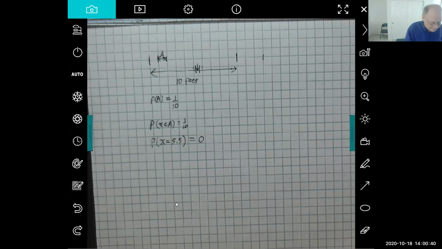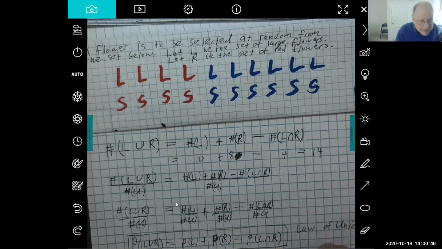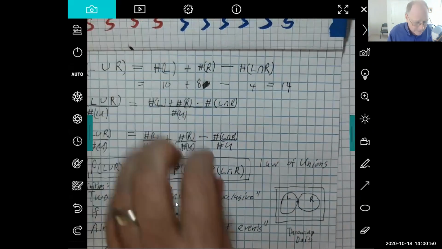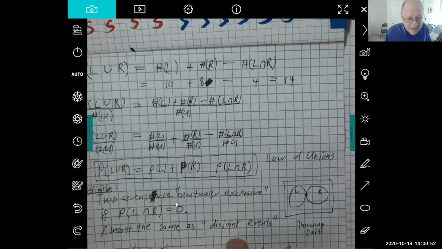Okay. So, mutually exclusive is not the same as disjoint, but it's almost the same.